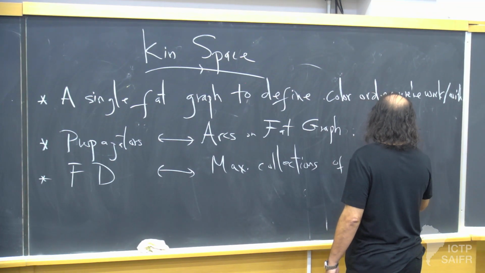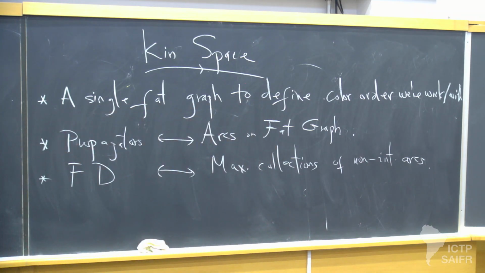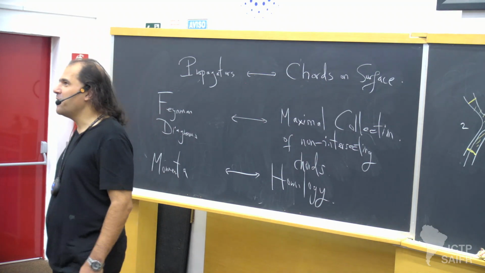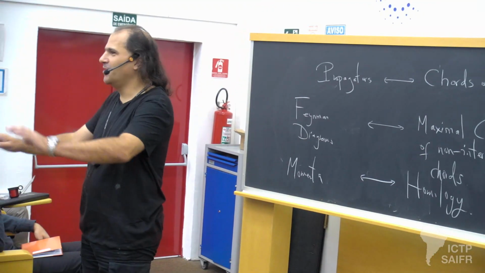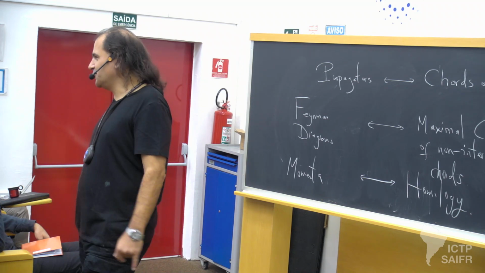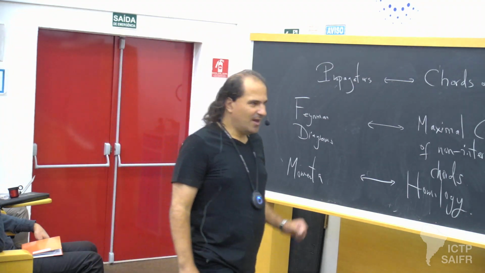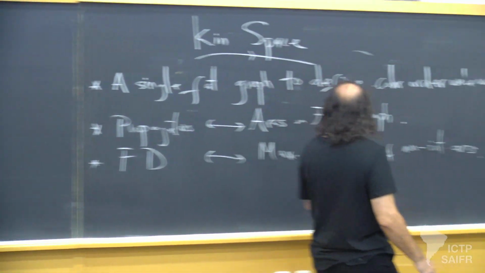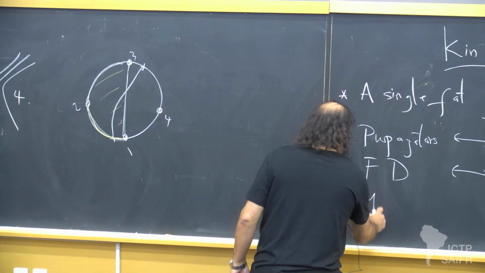Now, a very interesting question, which we're going to talk about, is how do you know whether arcs intersect or not? That's another thing where I draw it on the fact graph and I see with my eyes that they intersect, but no seeing, we're going to have to learn what intersection means. There are all kinds of things we're going to have to learn very canonically.